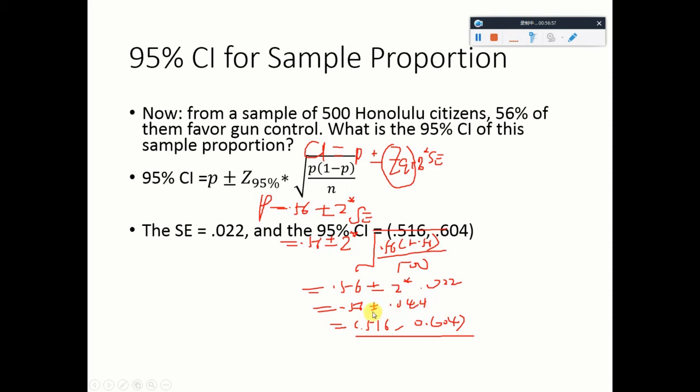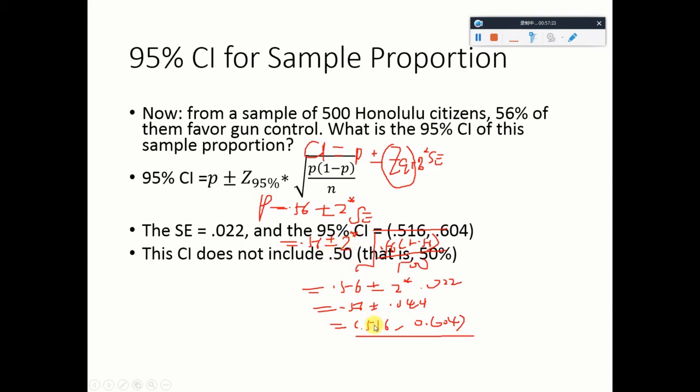That's because despite the fluctuation around 0.56 from 0.516 to 0.64, all possible values at the 95% confidence interval will be greater than 0.50, right? It will be greater than half.